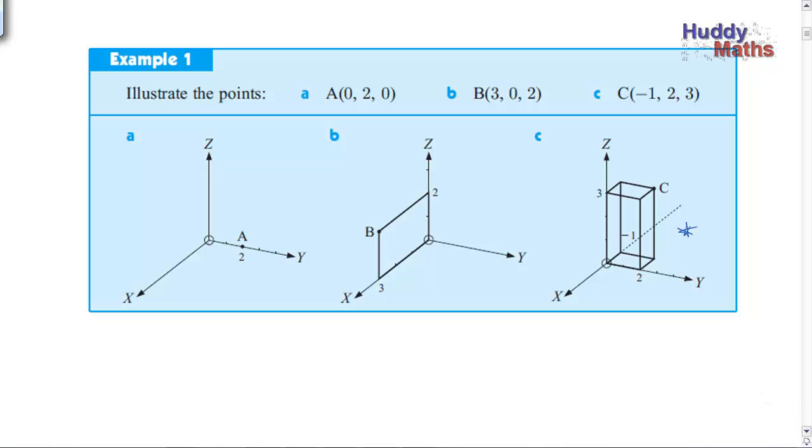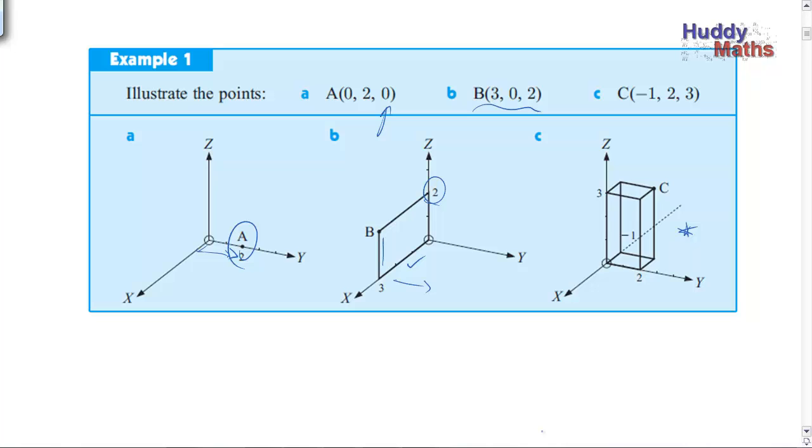You go 0 in the x, 0 in the y. So A, 0 in the x, 2 in the y here, and so A has gone nothing in the z, so it's sitting on the axis. Here B, 3, 0, 2, 3 in the x, nothing out here, and then 2 in the y, so it's sitting on the z axis.